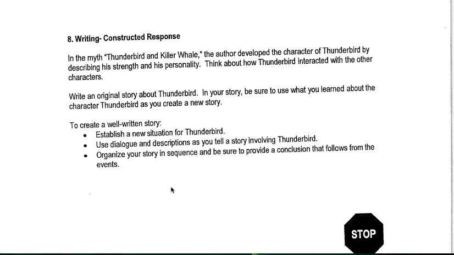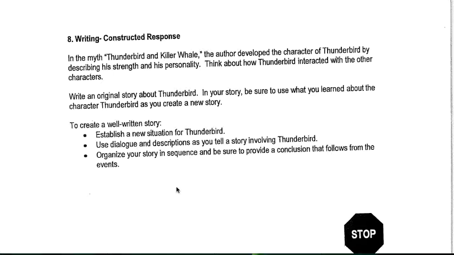While creating your story, you want to establish a new situation about Thunderbird. You also want to use dialogue and descriptions as you tell a story involving Thunderbird. And keep in mind, you want to organize your story in sequence, such as first, next, then, and finally, or first, second, and finally, and be sure to provide a conclusion that follows from the events that have happened in your story.